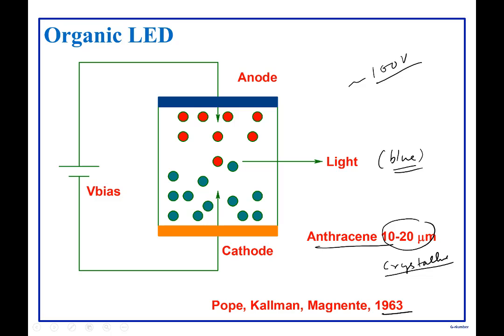But you see here it is 100 volts. So what they tried to do was, they said, okay, this is 10 to 20 micron thick, let's make the organic semiconductor thin.